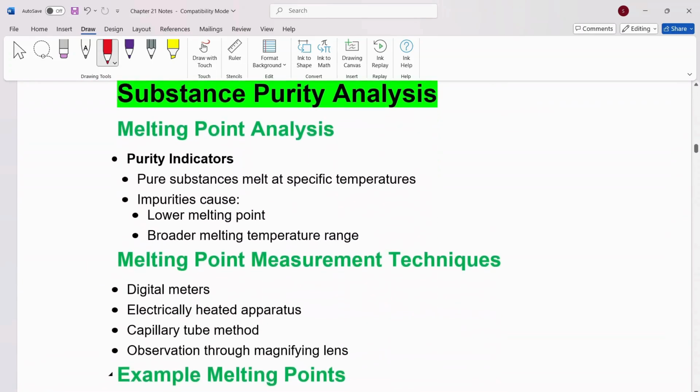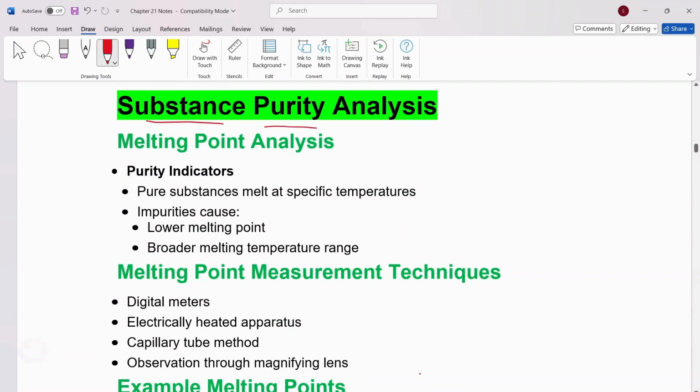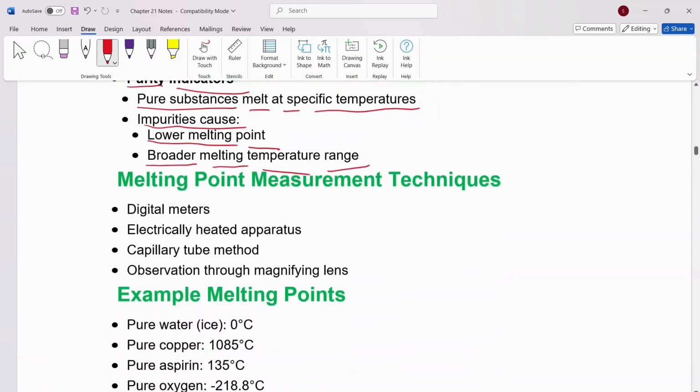All right. Then we have substance purity analysis, melting point analysis, purity indicators. Pure substances melt at specific temperatures. Impurities cause a lower melting point and a broader melting temperature range.